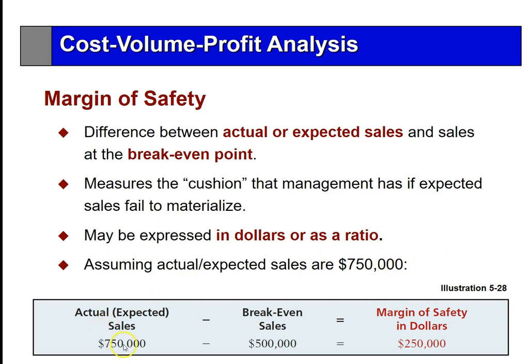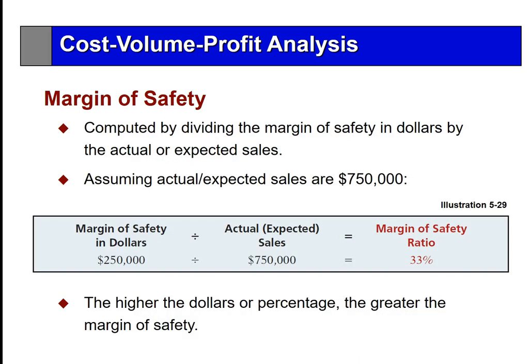Now we express this in dollars and we express it as a ratio. So I can take the actual sales, 750, and I've already determined that the break-even is 500, then my margin of safety in dollars is 250. So sales can drop 250,000 before I become unprofitable. But a better way to express that often is in percentage. And this is the margin of safety ratio. And recall I said a ratio is always a percentage of sales.